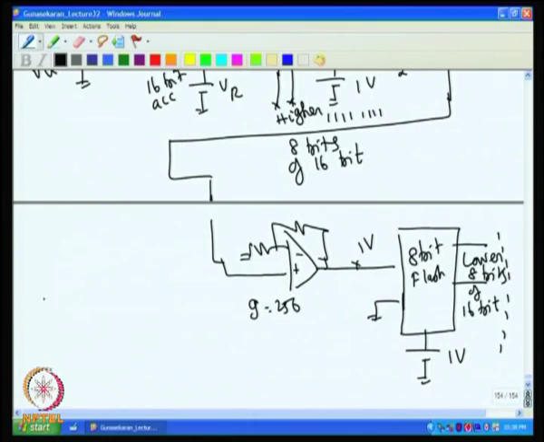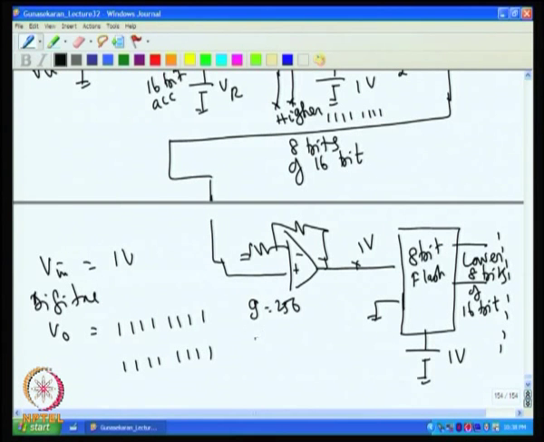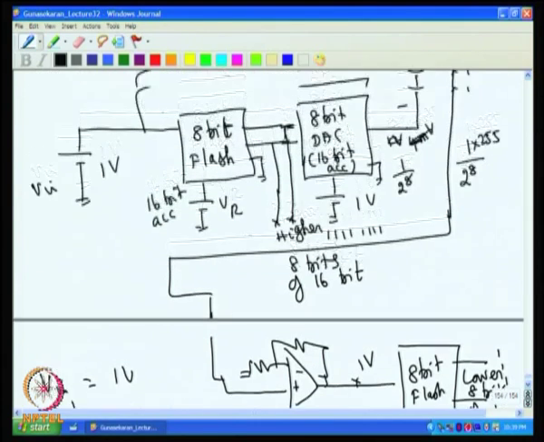So, essentially you give V input as 1 volt, and the digital output comes as all 8 lower bits high and the upper 8 bits also all high. So, with fewer comparators and resistors, one can get the required 16 bit converter.